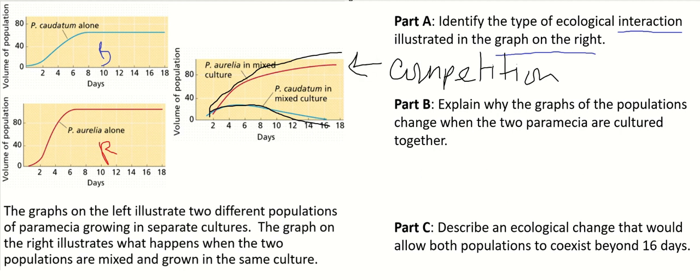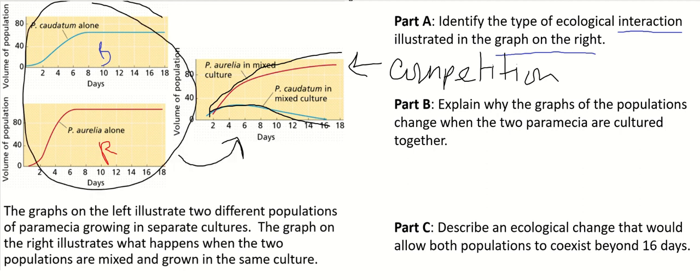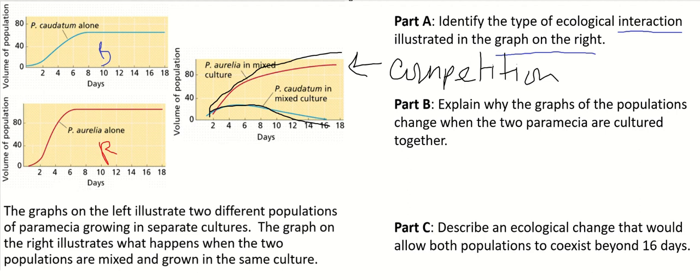Part B. Why do the graphs of the populations change when the two paramecium are together? Notice the graphs separated versus the graphs when those paramecium are put in the same place are different. Why do you think one survives and reproduces better than the other? Well, they're competing after the same resources.